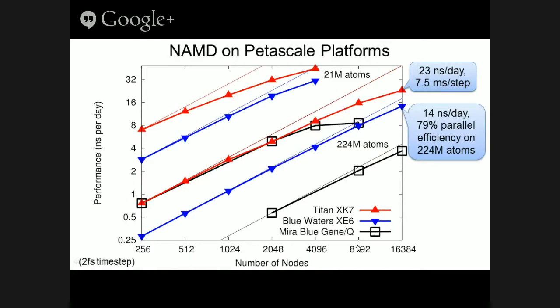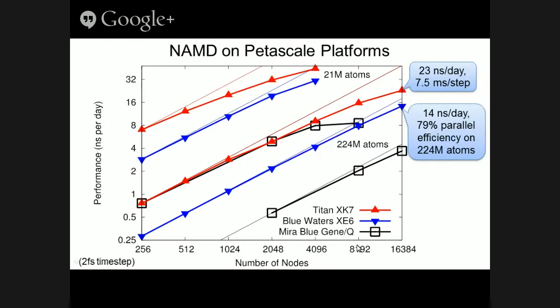But yeah, we've put a lot of work into this, and we're basically getting up to, this is a 224 million atom system, so this is over twice the size of the Blue Waters acceptance test, 3-4 times HIV, running up to effectively the entire machine.